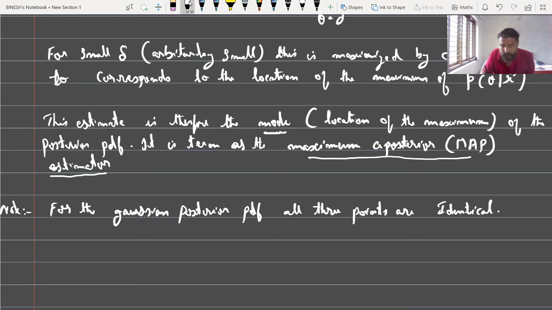Just write that for the Gaussian posterior PDF, all the three points are identical. This is something regarding the general Bayesian estimator, where we minimize the MMSE and ultimately we get the maximum a posteriori estimator.